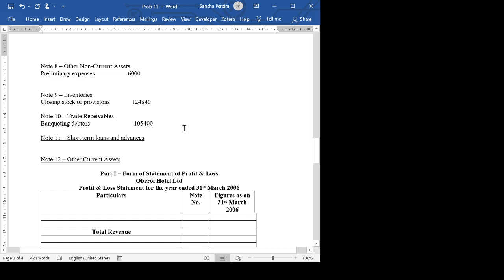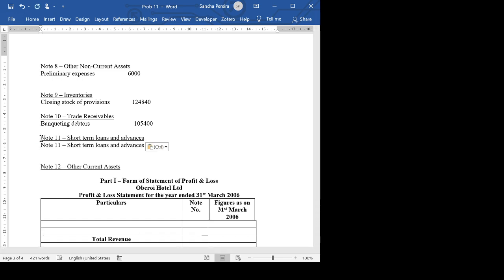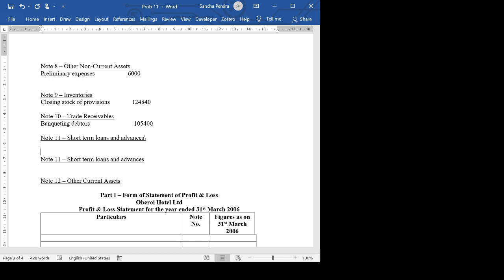Then we have, which we didn't have in the last problem, so I can't forget that, cash and cash equivalents. Then we have short-term loans and advances. Okay, so this is going to be cash and cash equivalents.